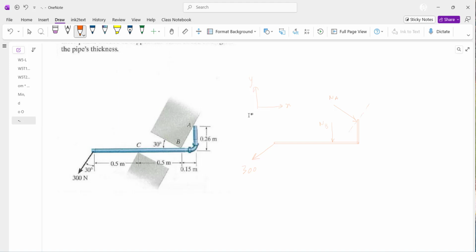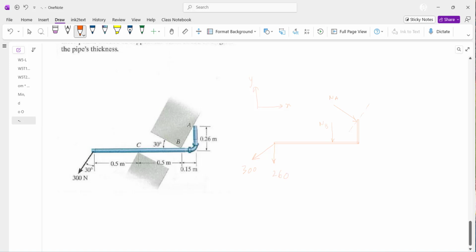So with this, I need to resolve the forces in the direction like so. I would replace this one by 300 cos 30. So 300 cos 30 is almost 260.